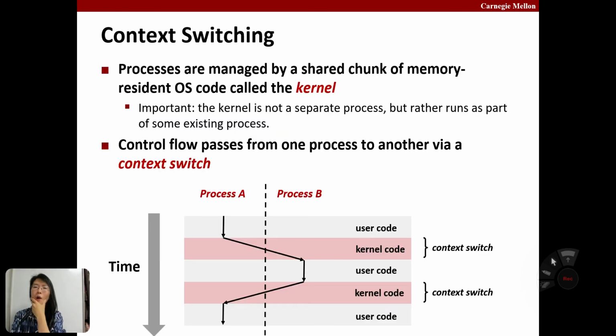So what is context switching? We are already familiar with this figure from chapter 1, right? Do you remember it? Process A can be the PuTTY program and process B can be the shell in this example. If we try to connect with the PuTTY program, we can put in our ID and password, right?